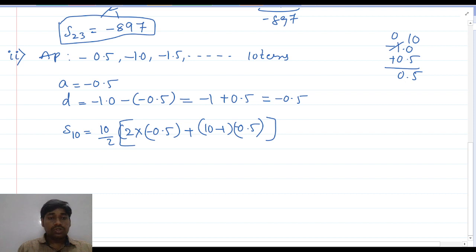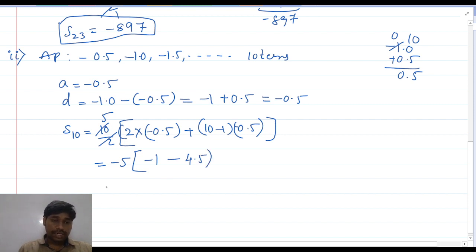So it is 5. So minus 5 it is 2 into minus 0.5, simply minus 1, minus into plus minus, 9 into 0.5, 4.5.